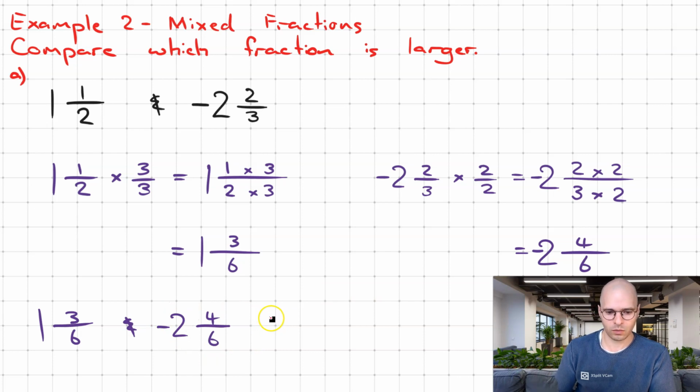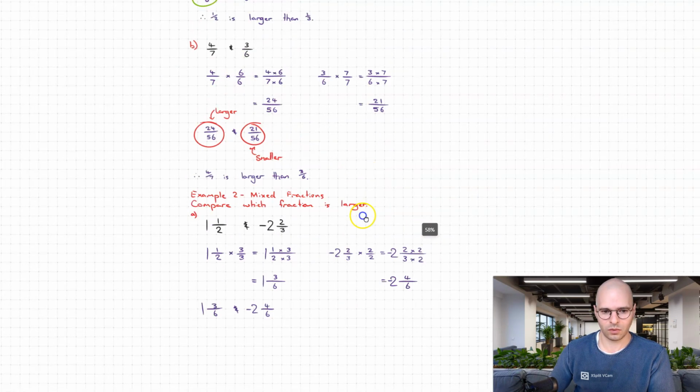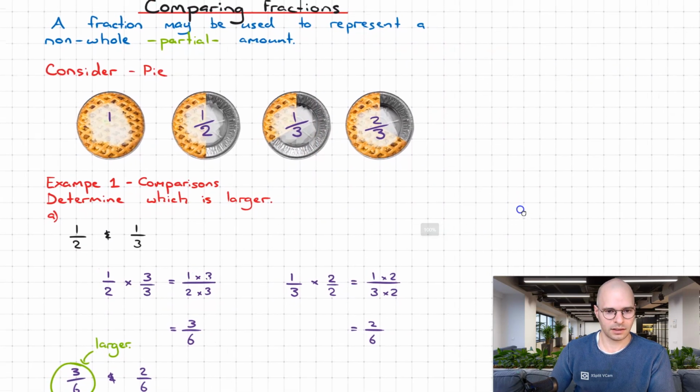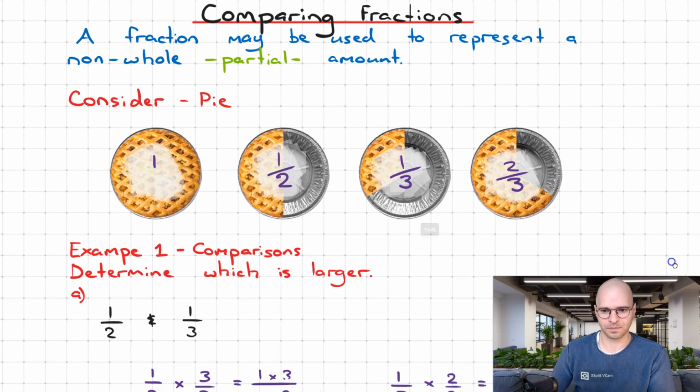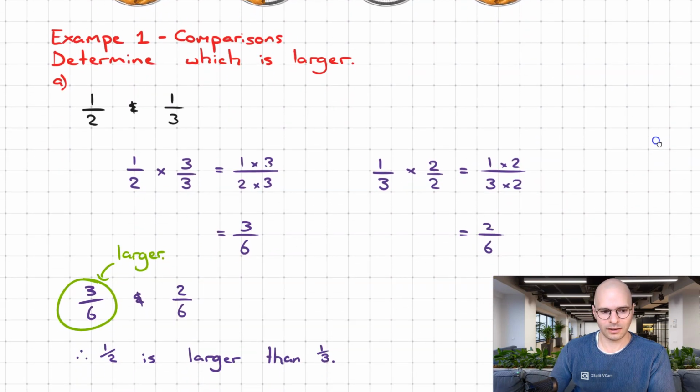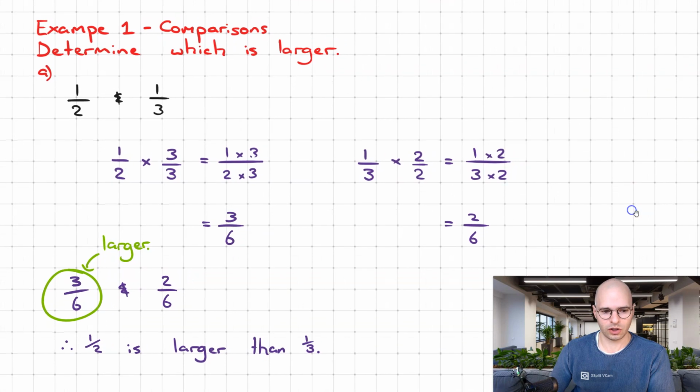So in summary, what we set out to do in this lesson was to be able to compare the size of two or more fractions. We first looked at the analogy of pi so we can see it visually, after which we had a look at how we can do the comparison numerically.